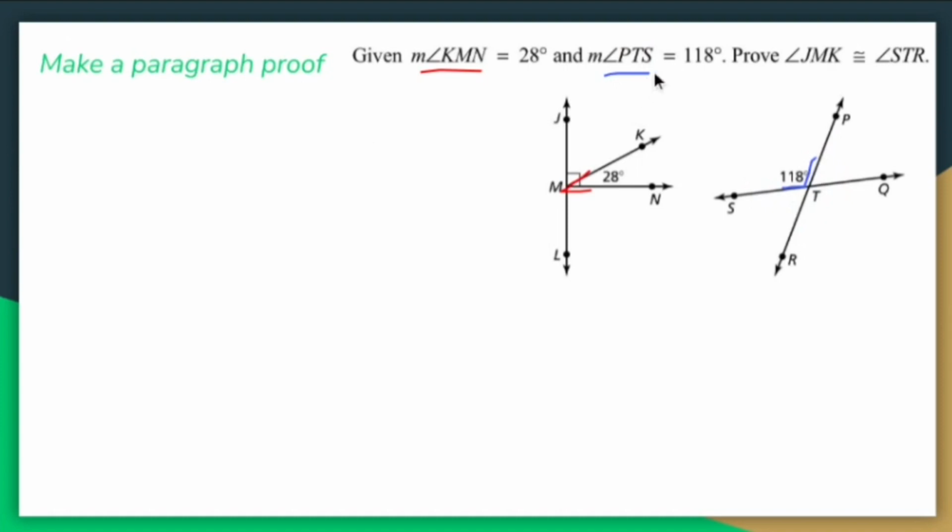I have to prove that JMK, the angle, this guy right here, is congruent to angle STR, which is this angle right here. So I have to show that these guys are congruent by using numbers like 28 and 118.